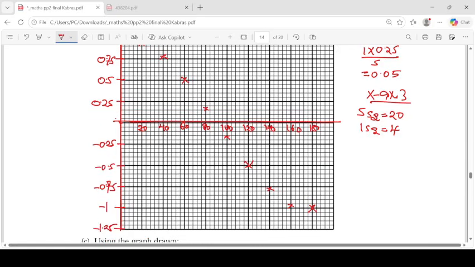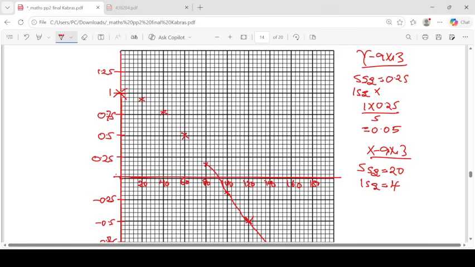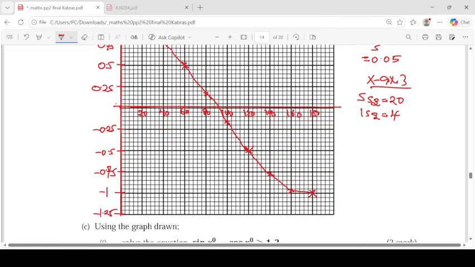It must be a smooth, continuous curve, always. Yes, that is our curve.